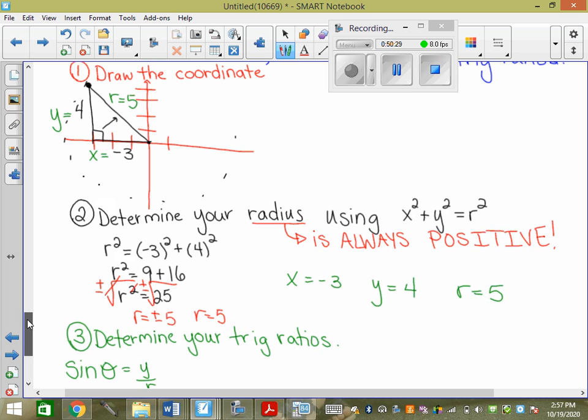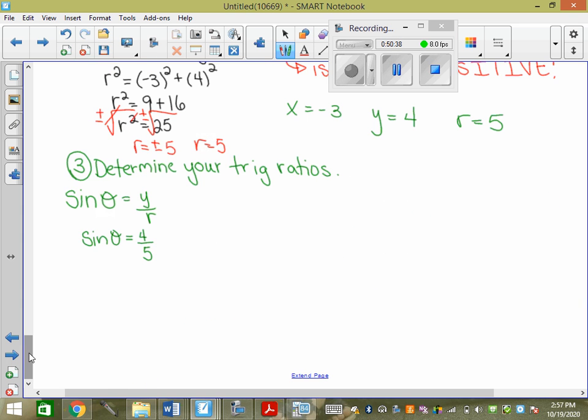It's positive. Does that make sense? Well, let's use CAST. What's positive in the quadrant I'm sitting in? Sine and its bestie. What's its bestie? Cosecant. So if it's sine your resume, cosecant is resume your. So it's just going to be 5/4.